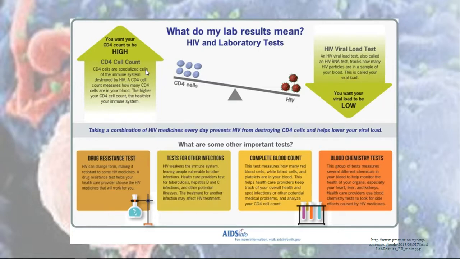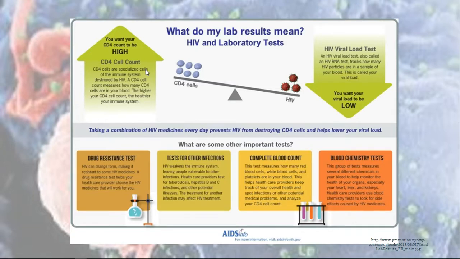So if they have a high CD4 count, then of course that will decrease their risk for those opportunistic infections. A high viral load test, of course, is showing that the virus is actually doing more damage to their immune system and it's actually overwhelming it.